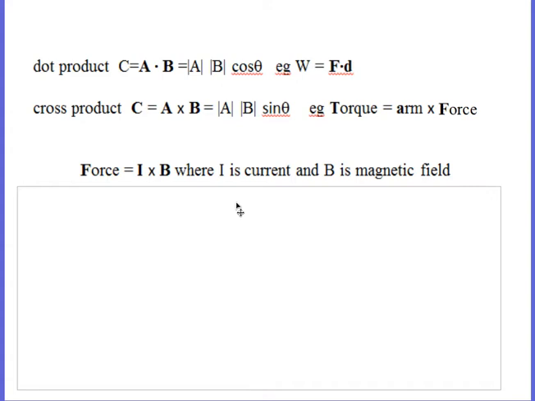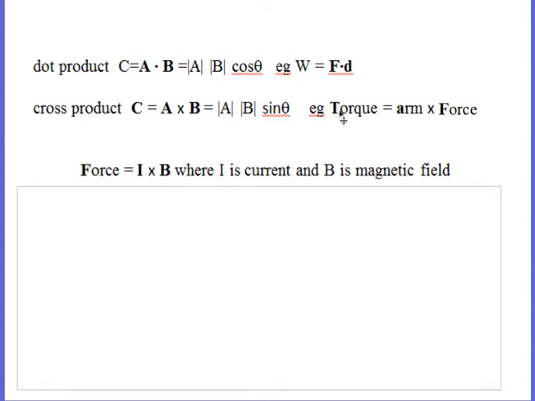And here it is. With cross products, unlike dot products, it is not commutative. It's very important that you have current first and magnetic field second.